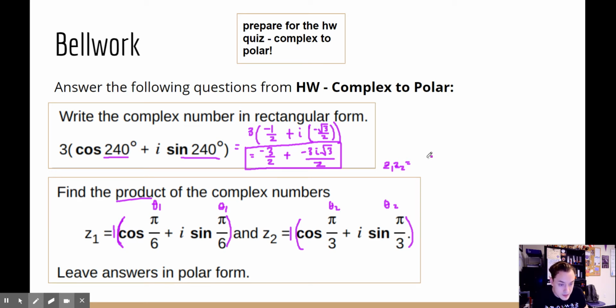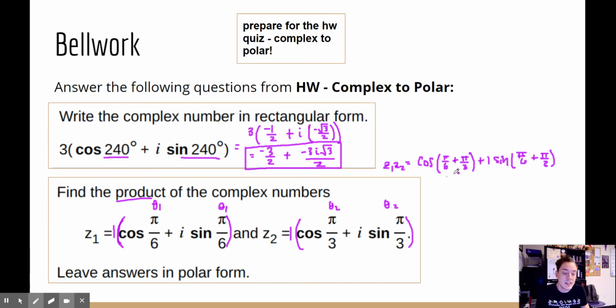So how do I solve this? This is just cosine of pi over 6 plus pi over 3. Now the reason why I do that is because it's a product, and product means plus here in this context. I would multiply my r's together out front, but I don't have r's besides 1, so it's just 1 times 1. So that's that, and then plus i, and then sine, and then the exact same thing: pi over 6 plus pi over 3.